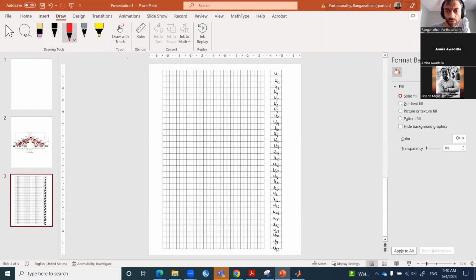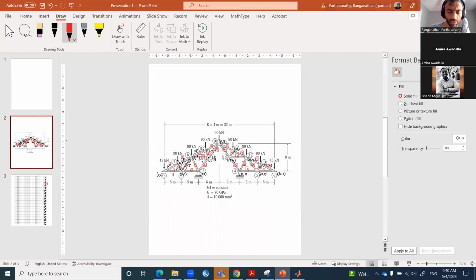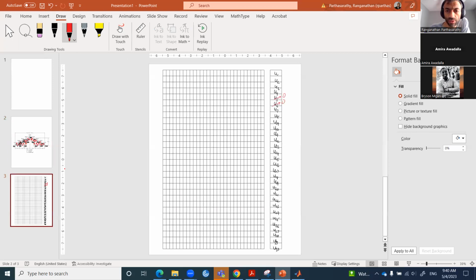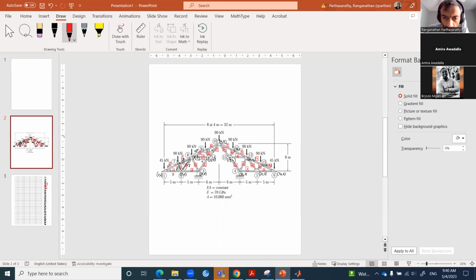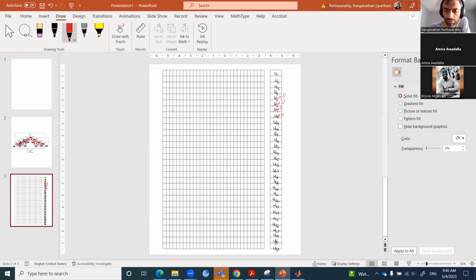Joint 4 is fixed. U7, U8 are 0. Okay. Then nothing else is fixed, right? So only those.